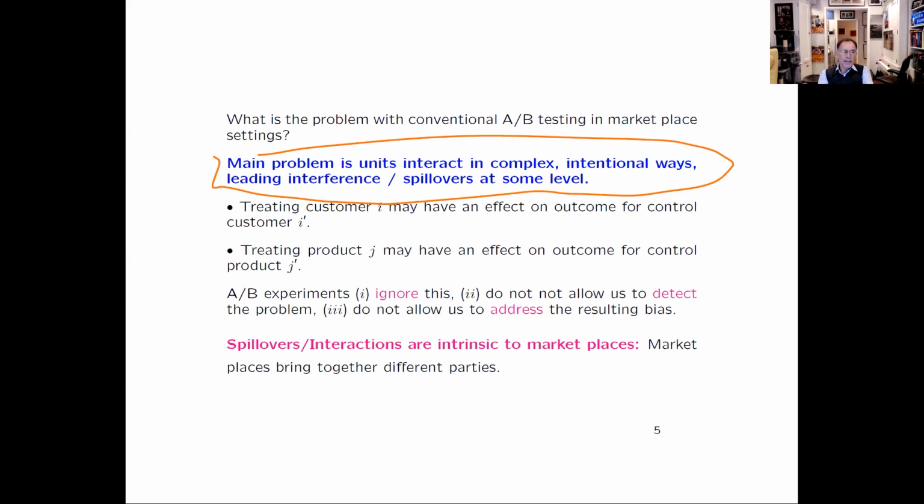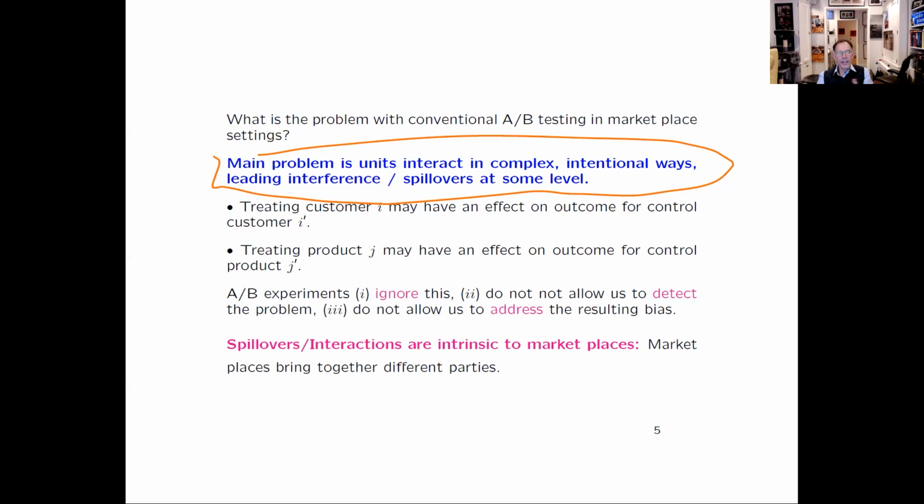Similarly, on the other side of the market, treating one product may directly affect the outcomes for other products. In rental markets, customers may decide they're looking for a place to rent in a particular period, on a particular day or week. Making the rental of one property more favorable for customers means that, relatively speaking, the control products become less interesting, and demand for those may go down, even though they were not directly treated.